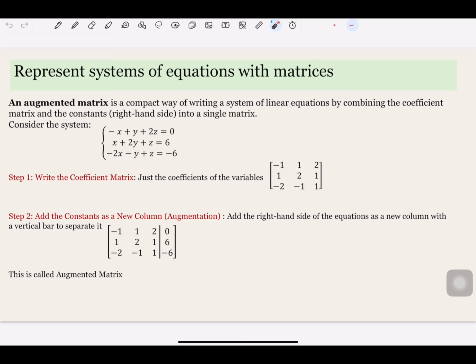So in summary, to turn a system of equations like this into an augmented matrix, first come up with your coefficient matrix by extracting the coefficients from your equations, and then put a separate column for the constants after a bar like this.